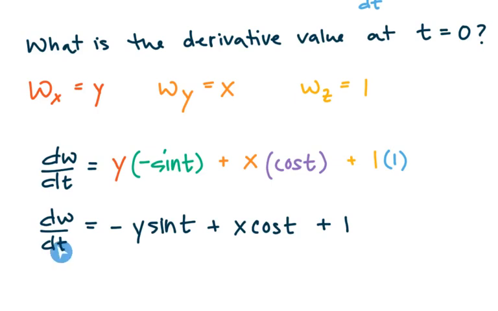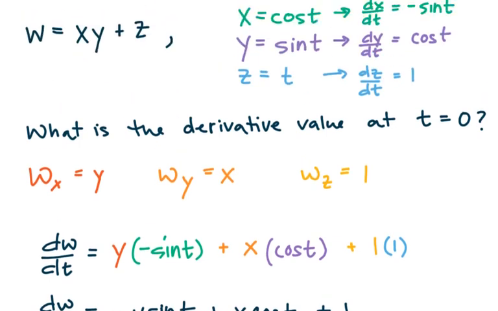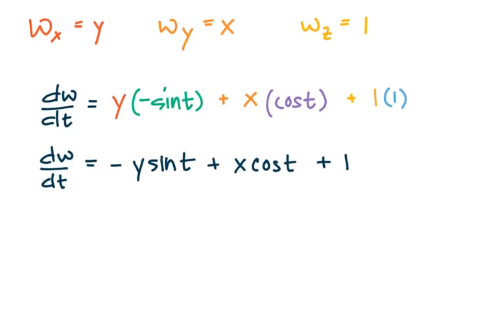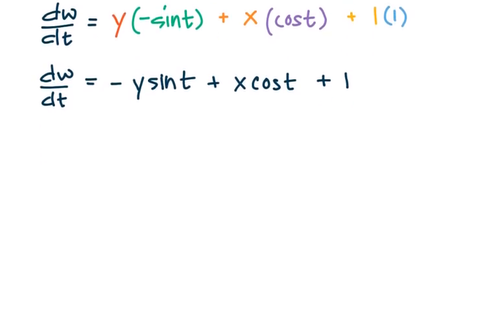And so we want everything with respect to that independent variable t, so I'm going to sub in what y and x were. Remember, y is sine t, x is cosine t.